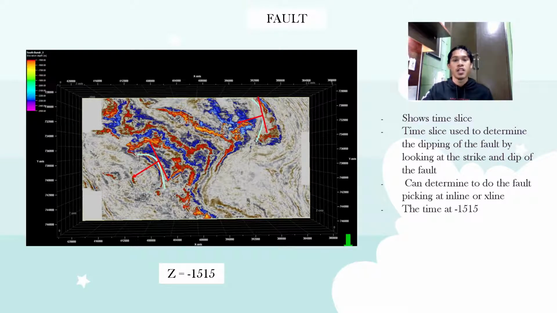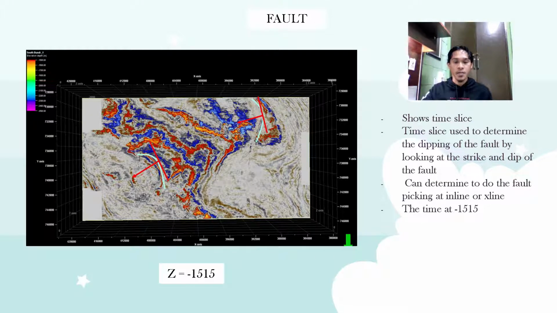Next, this slide shows the time slice for the fault. This time slice is used to determine the dipping of the fault by looking at the strike and the dip of the fault. Then we can determine how to pick the fault, either on inline or X-line.